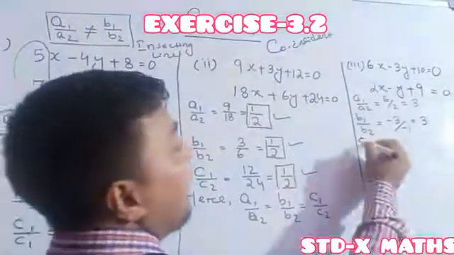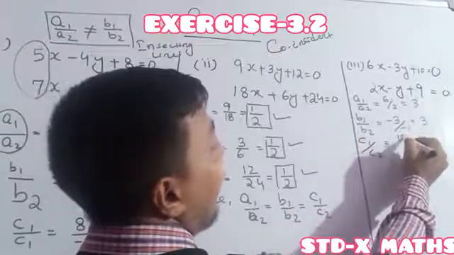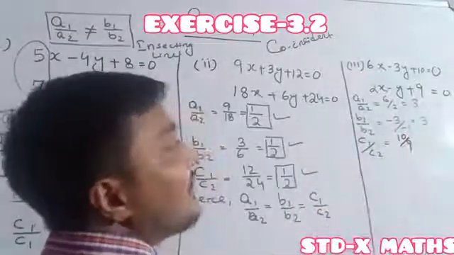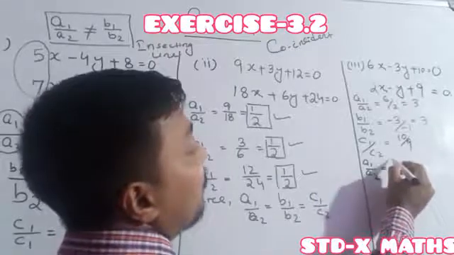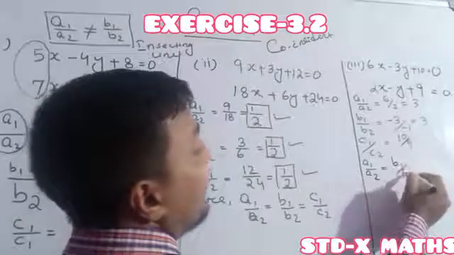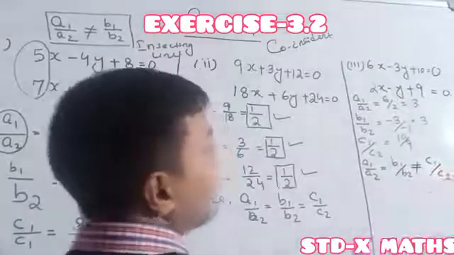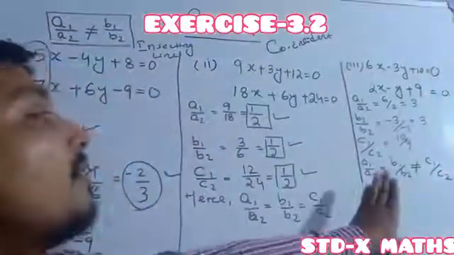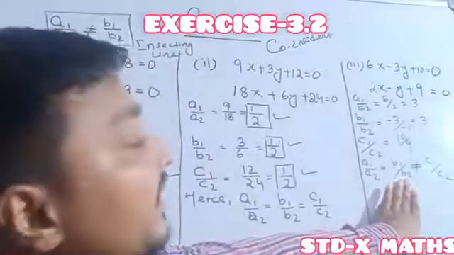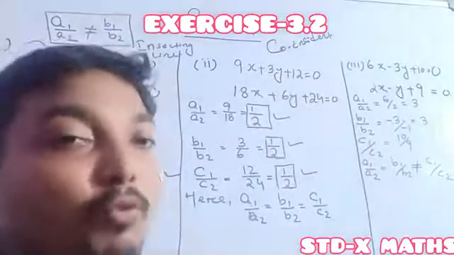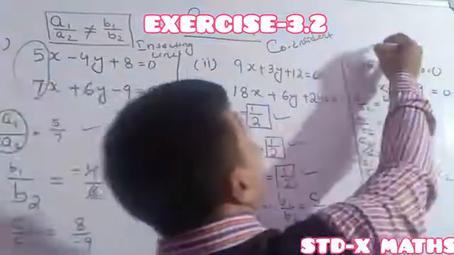But c1 by c2 is 10 divided by 9. See, here a1 by a2 is equal to b1 by b2, but it is not equal to c1 by c2. As the ratio of the coefficients of x is the same as that of y, but not equal to the ratio of the constant terms, the graphical representation will be parallel.